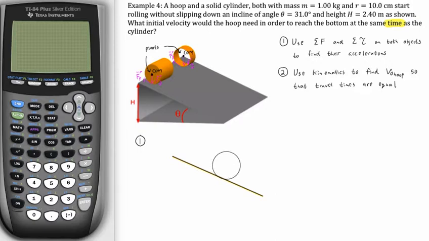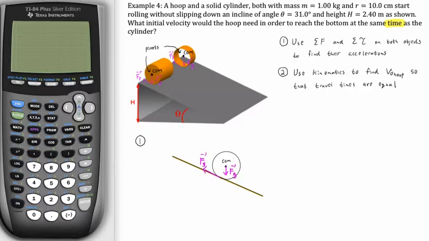And then we have our center of mass. We've got our gravitational force vector, and then our friction vector. Those are the only forces acting on our objects.